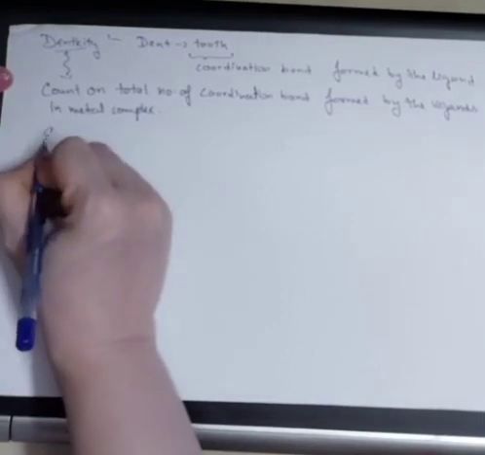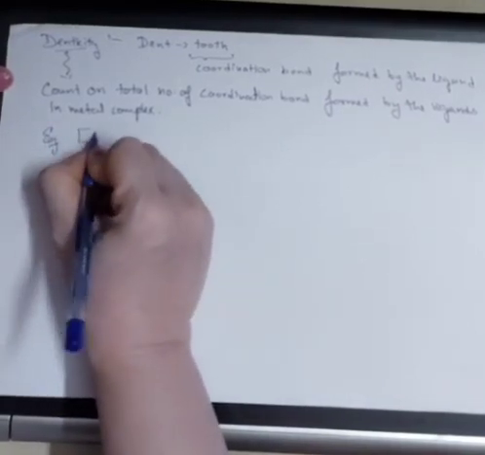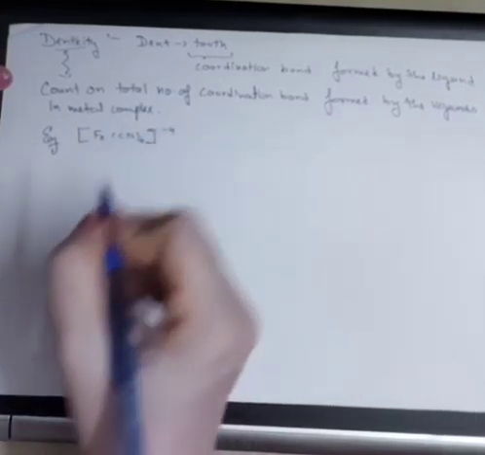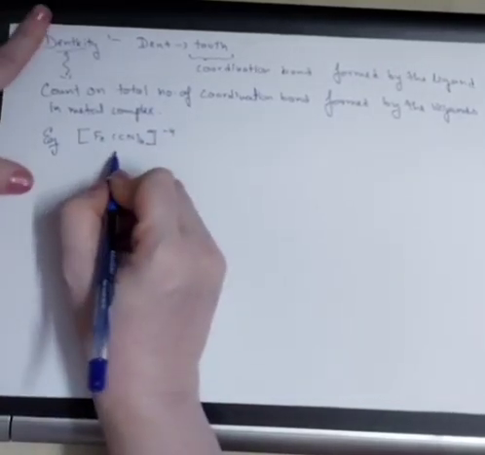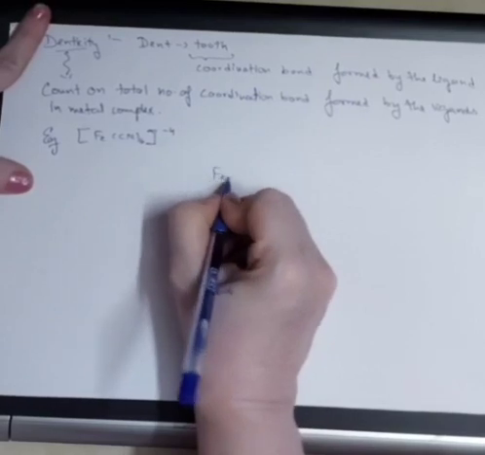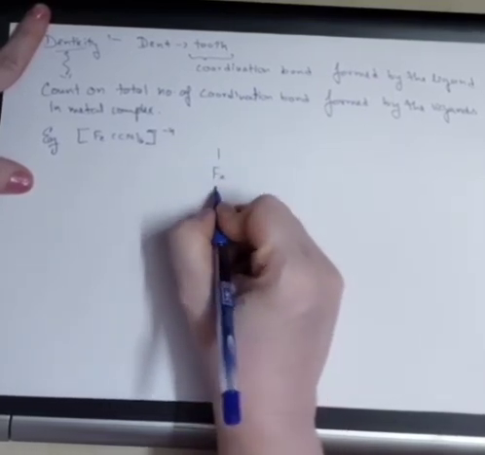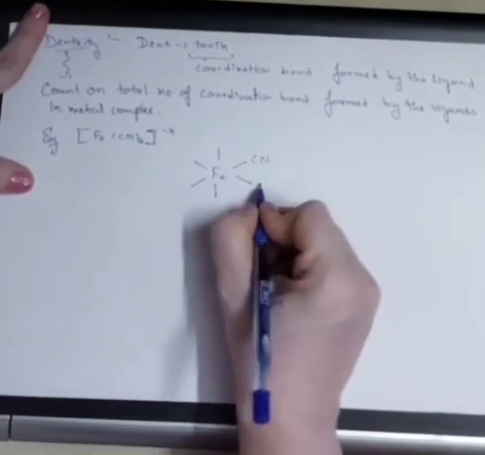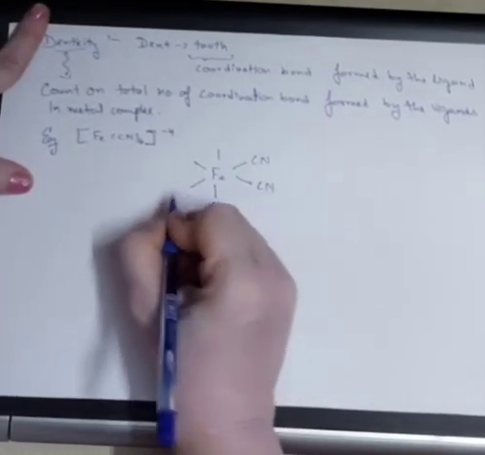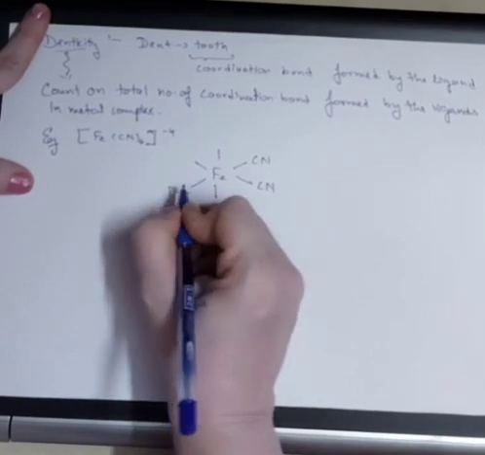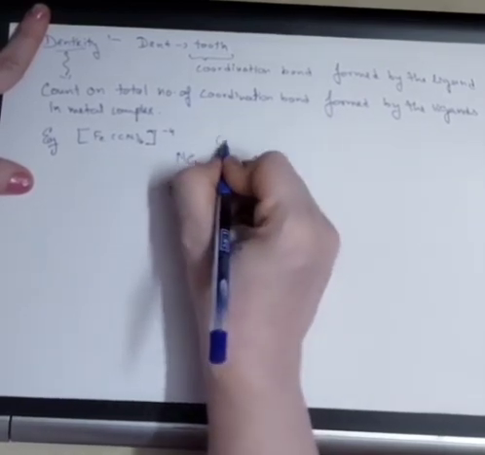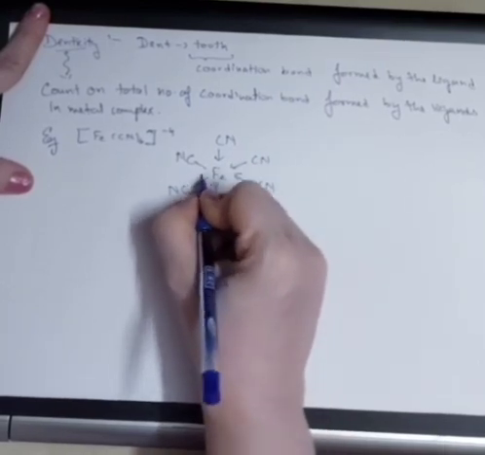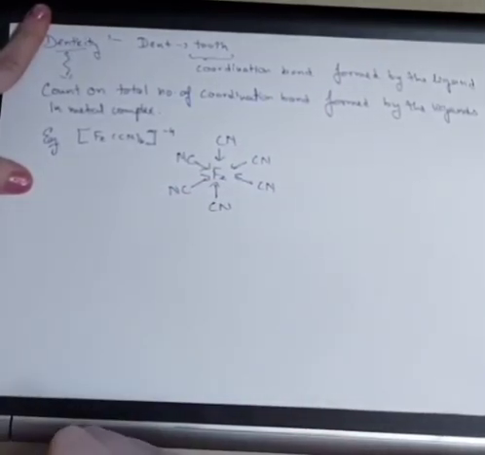Okay, for example, like FeCN6. So in this complex, you are seeing it here. Each of the CN is forming one coordination bond with the ion.